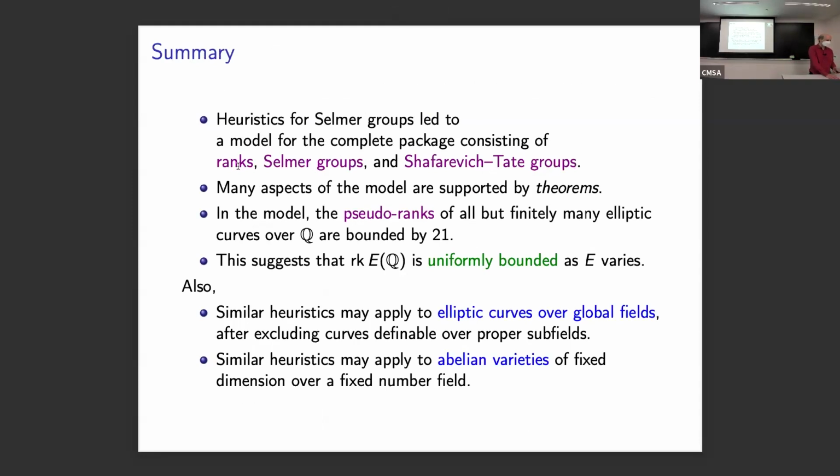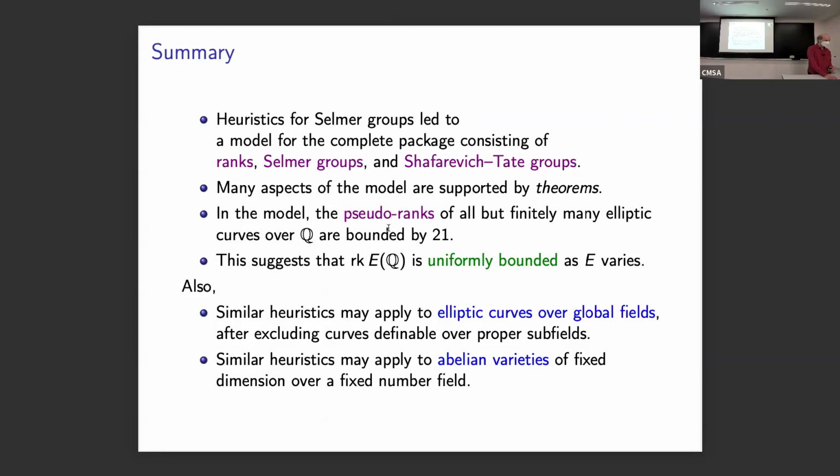And for a lot of aspects of the model, you can prove that the predictions are actually theorems in the arithmetic of elliptic curves that say that the model is giving you the right answers for some of the questions. Some of the implications of the model are supported by theorems.